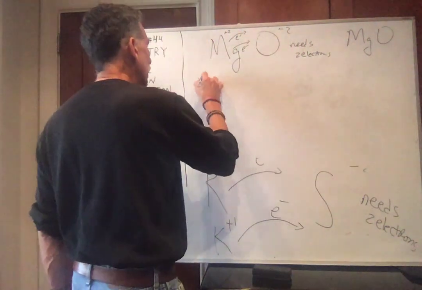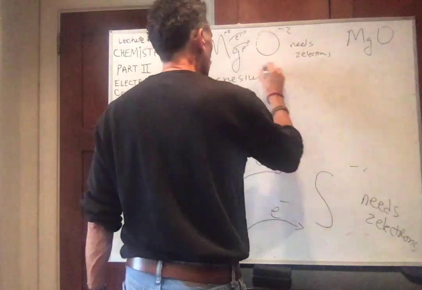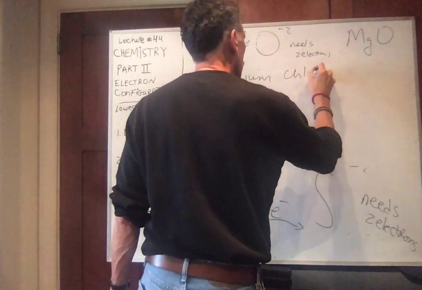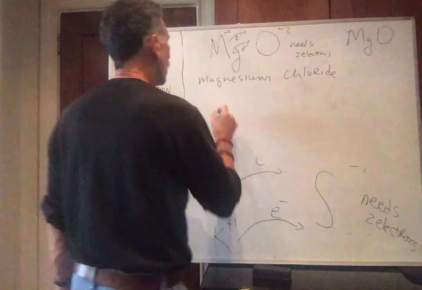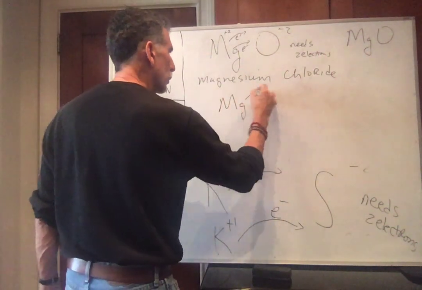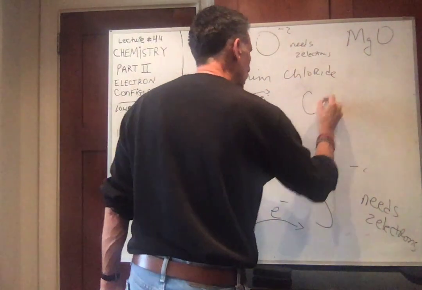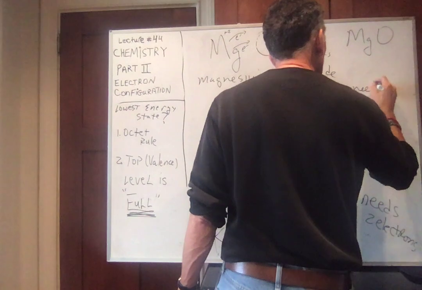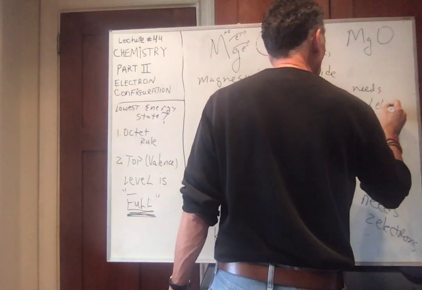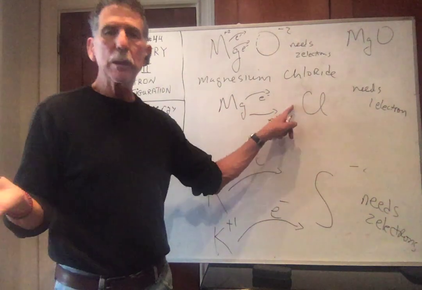Suppose I wanted magnesium chloride. Well, Mg is giving 2 electrons. Chlorine only needs 1 electron. So how could magnesium mix with chlorine?